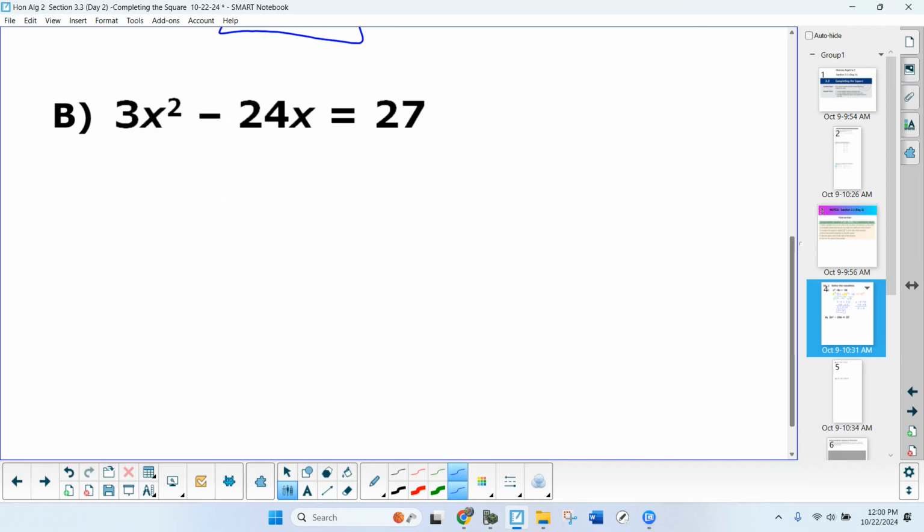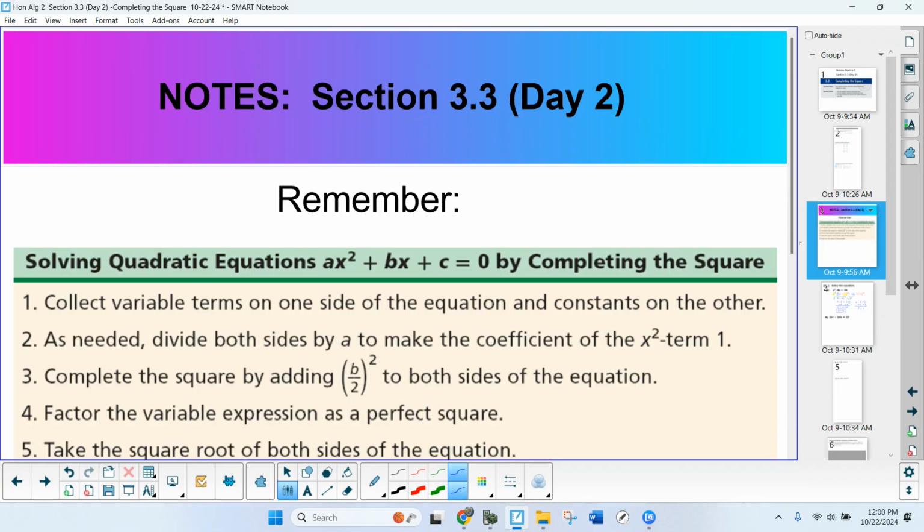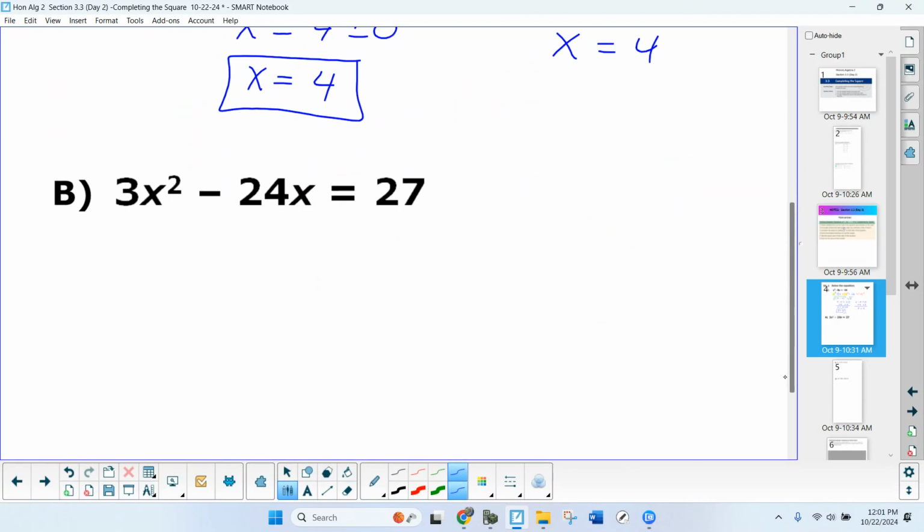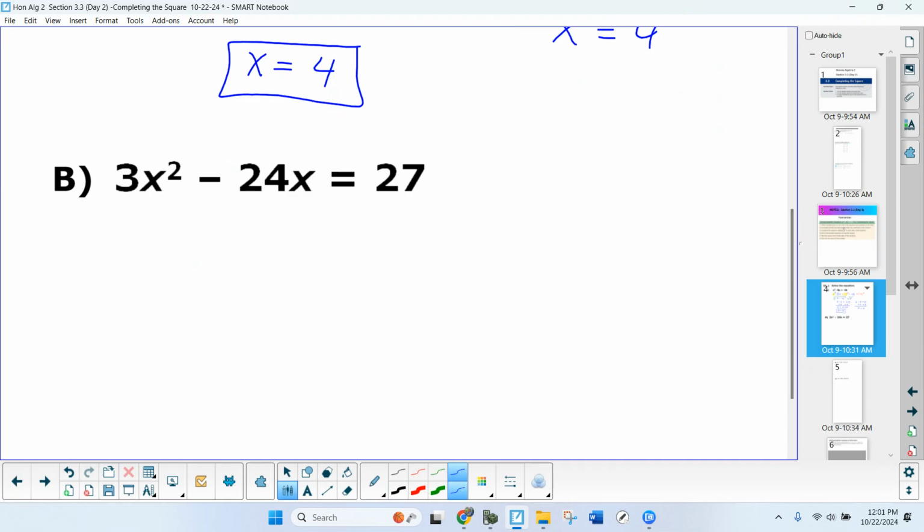No. So what are we going to do to make A 1? What does it say here for step 2? As needed, divide by A. Okay. So what's the value of A? 3. So we're just going to divide everything by 3.